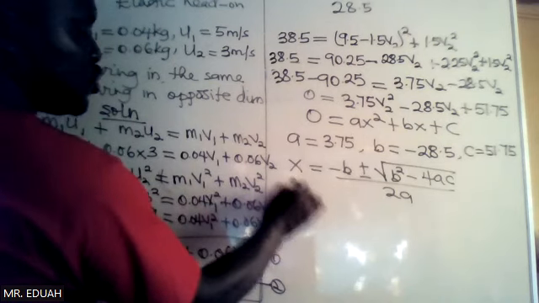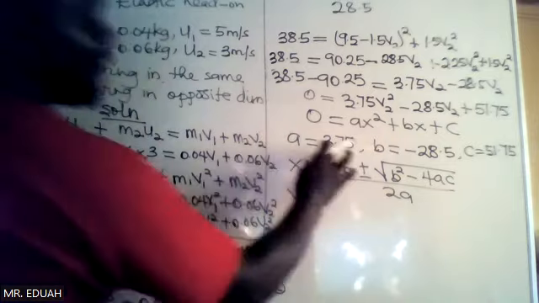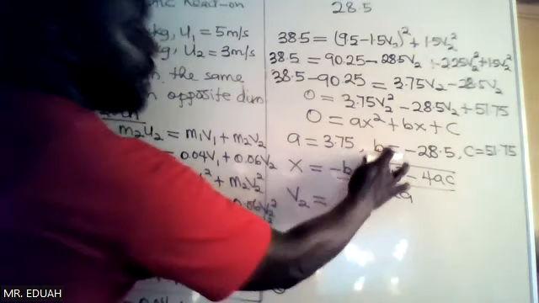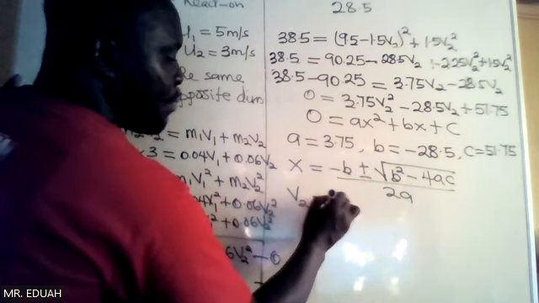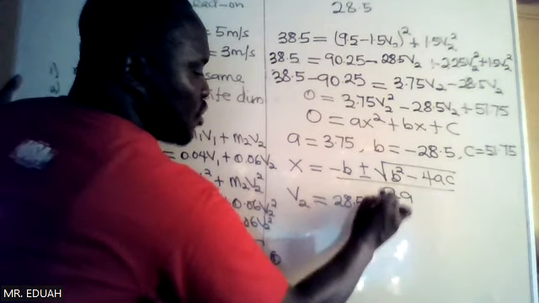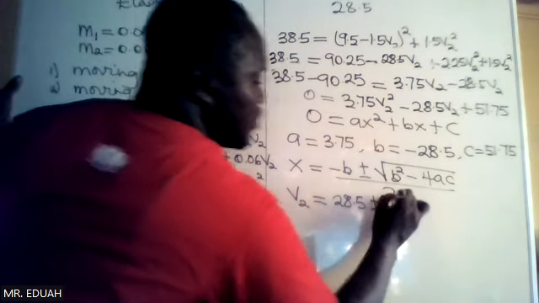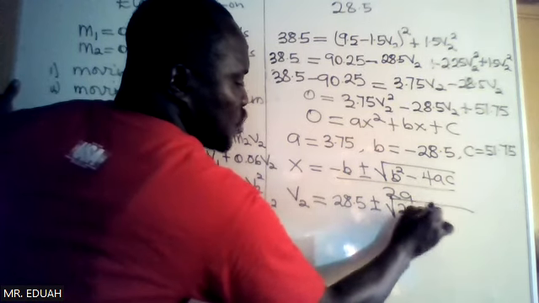Okay, our x is V2. So V2 is equal to, let's substitute these values for the constants. B is negative, but this is negative of b, so plus 28.5 plus or minus square root of 28.5 squared.